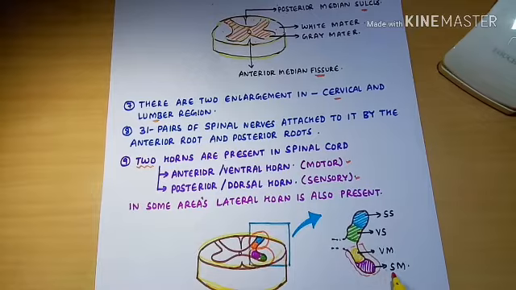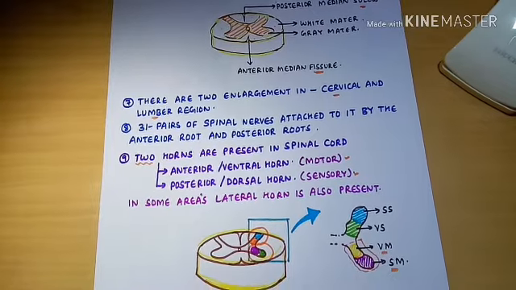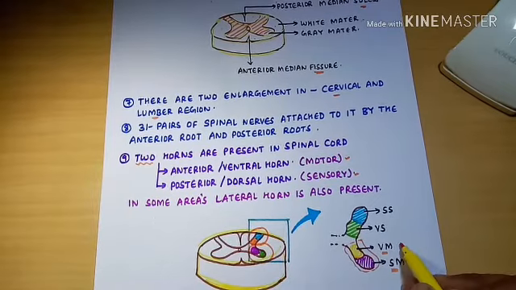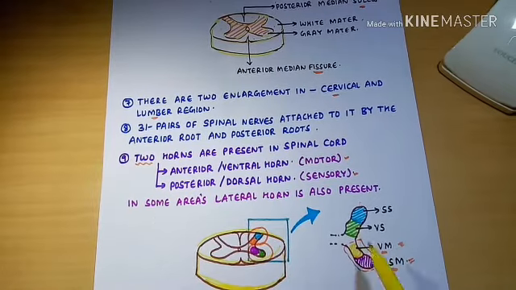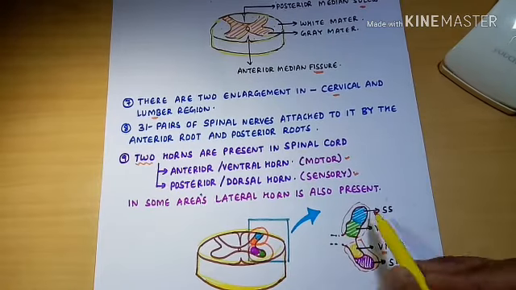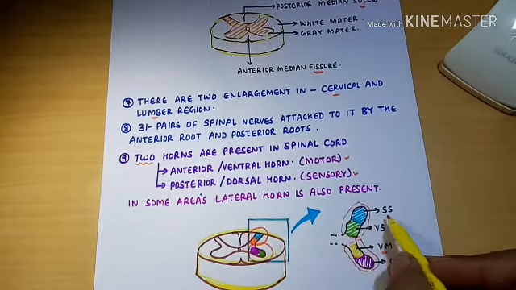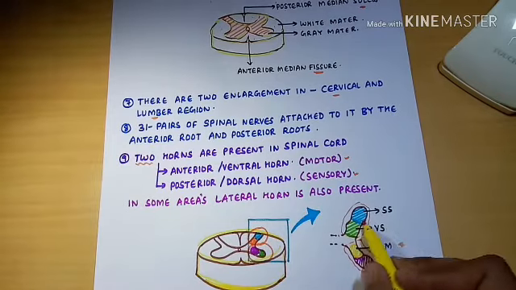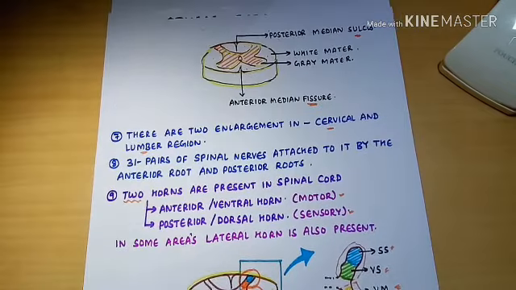This part is the somatic motor and this is the visceral motor. If this part is the posterior horn or the dorsal horn, which is sensory in function, this part is the somatic sensory and this is the visceral sensory. That's all for this part of the video.